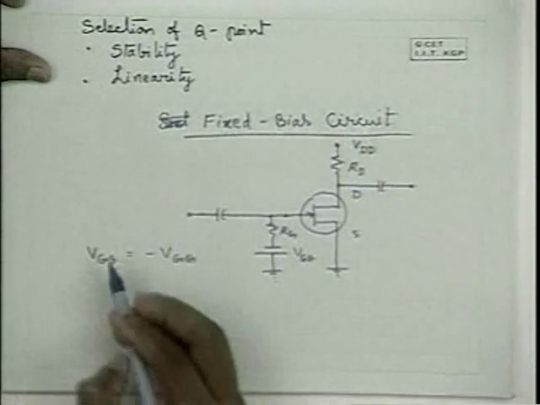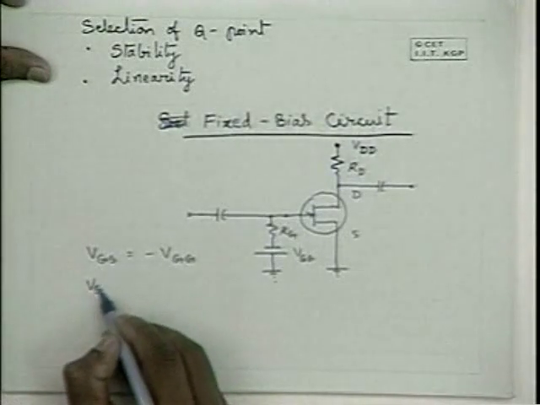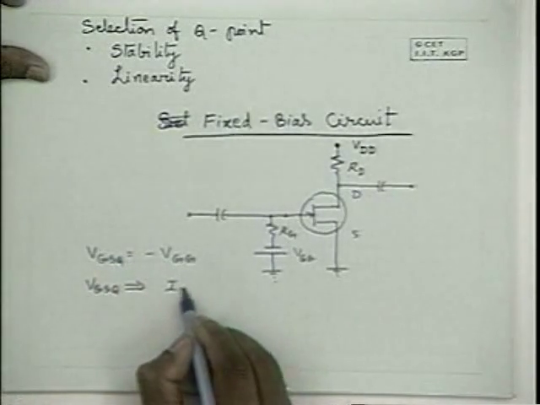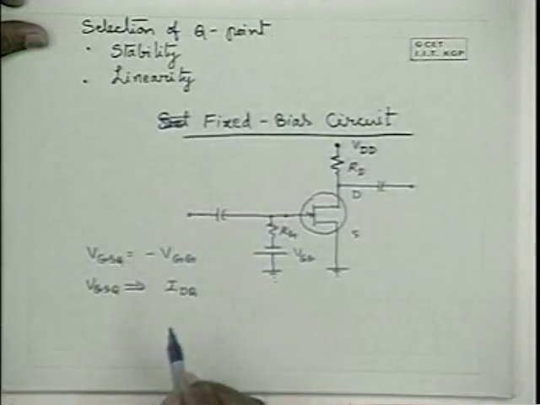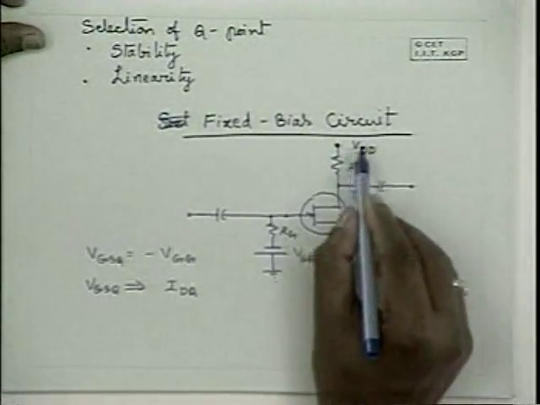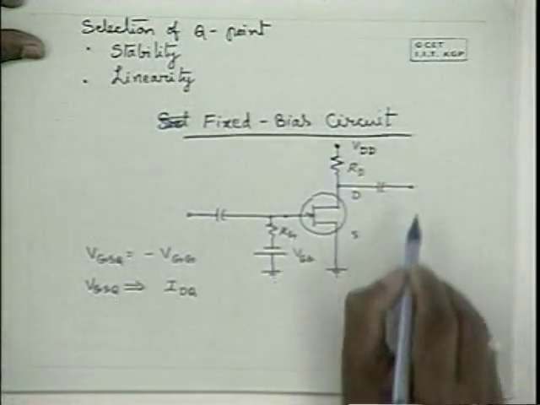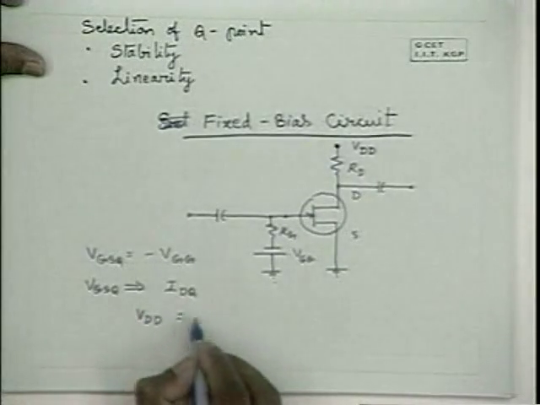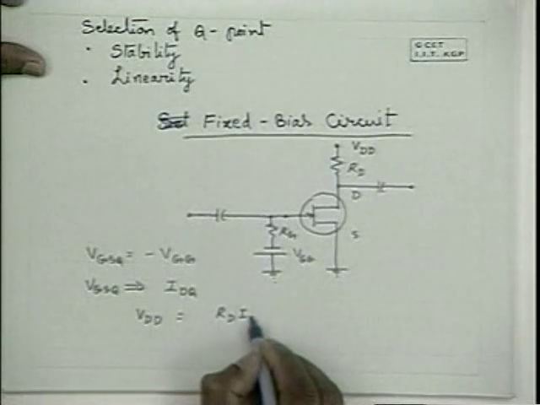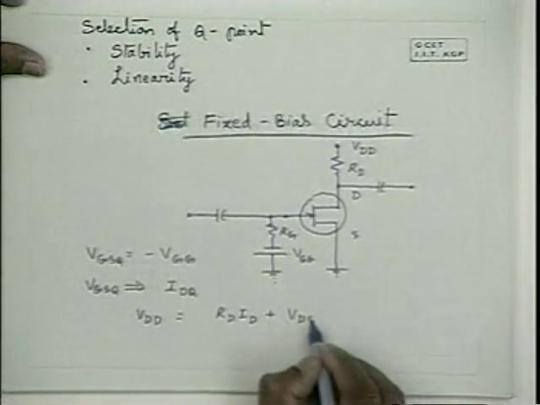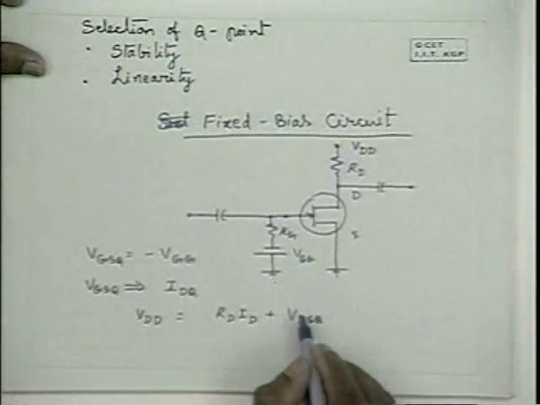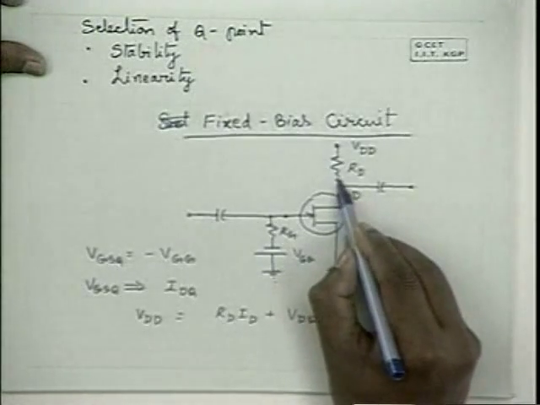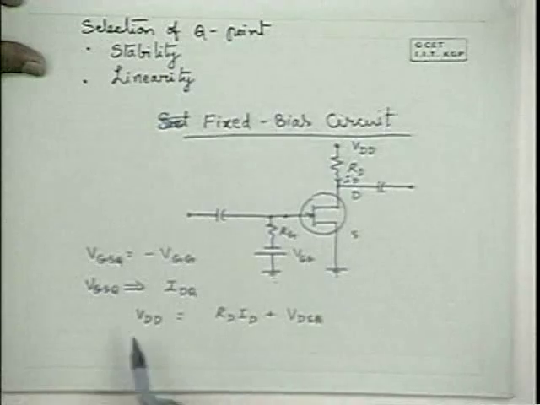So from VGSQ, we can determine IDQ. Now, once IDQ is known, if you apply Kirchhoff's voltage law to the output loop, VDD is equal to RD into ID plus VDS, or since it is a quiescent value, VDSQ plus RD into ID is equal to VDD.